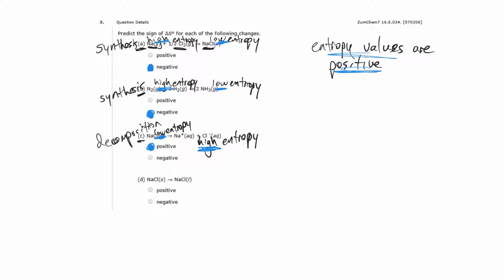And then lastly, in part D, they're asking us to consider the melting of sodium chloride. It's going from the solid state to the liquid state. Well, as you might recall, solids are the most ordered state. Most ordered, which also means least disordered or lowest entropy.